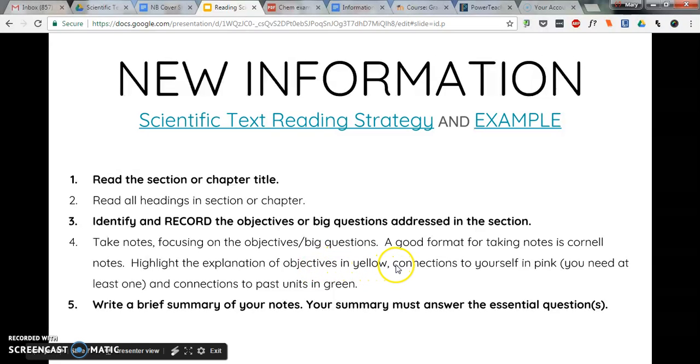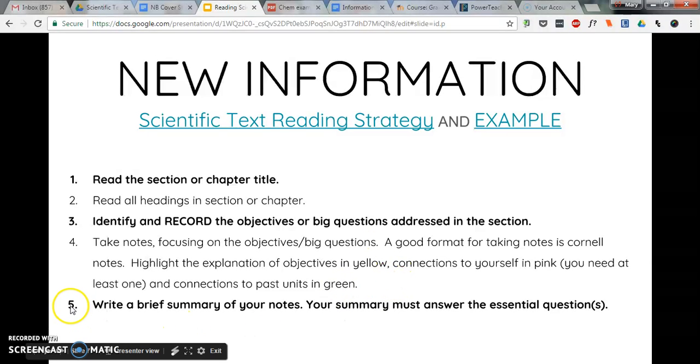You will write down any connections to yourself or your life, and you will highlight them in pink. And you will make connections to past units or other classes in green. You need at least 1 connection to yourself and the world and 1 connection to past units, and obviously more explanations from the text.